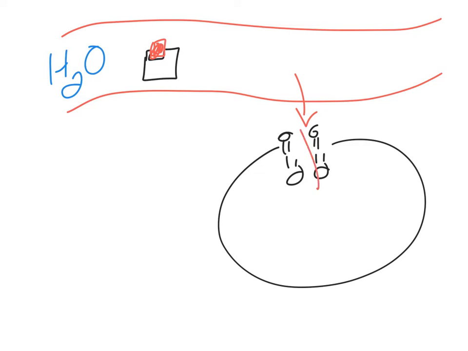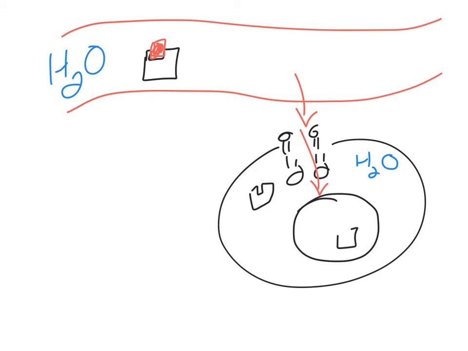Once in the cell, they are then in the aqueous environment of the cytoplasm, and they are then going to either bind to a receptor in the cytoplasm, or they can bind to a receptor within the nucleus. So once again, freely passing through the phospholipid bilayer and passing through the two phospholipid bilayers that make up the nuclear envelope.